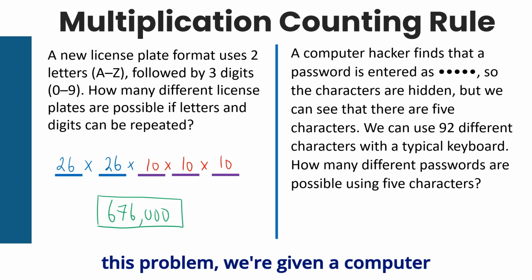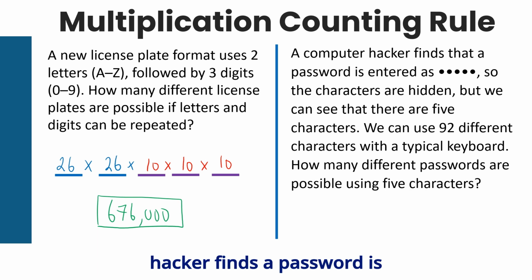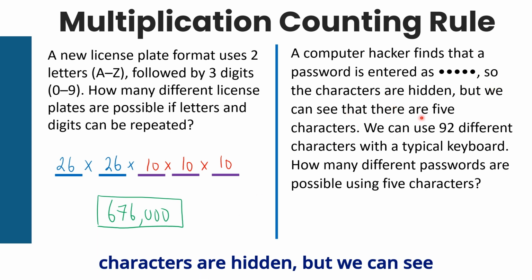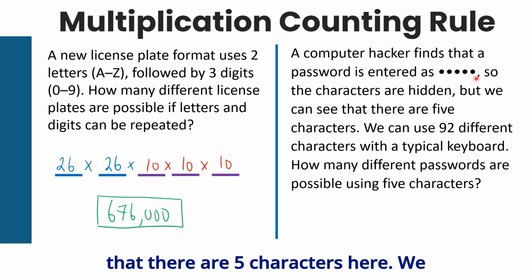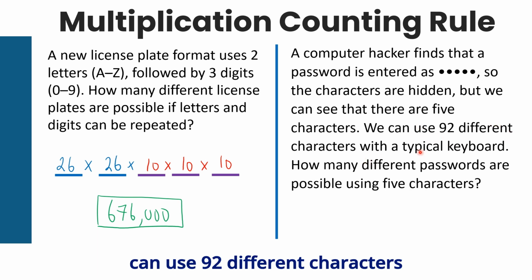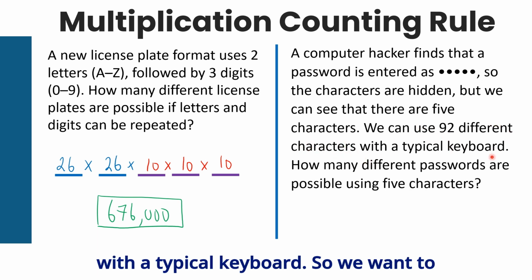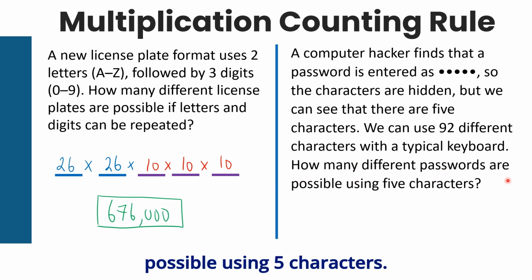For this problem, we're given that a computer hacker finds a password is entered as this, and the characters are hidden. But we can see that there are 5 characters here. We can use 92 different characters with a typical keyboard, so we want to know how many different passwords are possible using 5 characters.